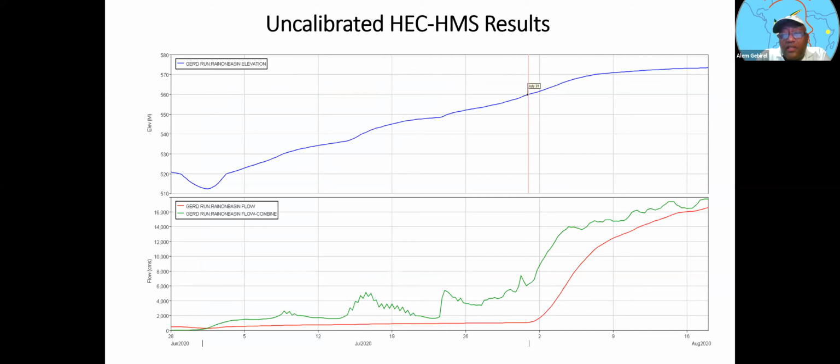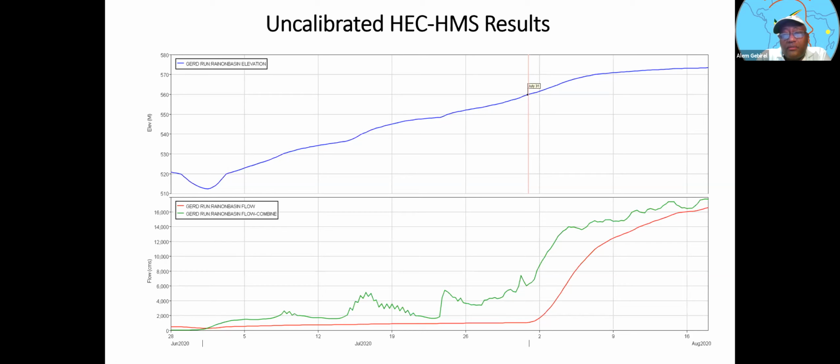As you can see, even though it's passing flow downstream, once it overtops, it mitigates by some amount, in this case about 2,000 CFS. So even though GERD is not completed and a lot of runoff is generated from the system, the reservoir still has some impact, lessening the flooding in the downstream location, in this case in the Sudan.